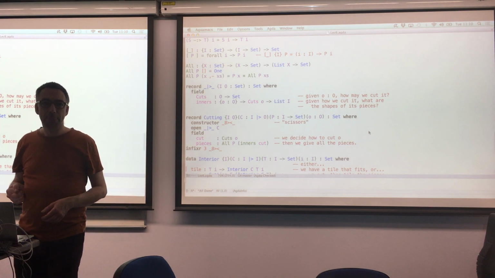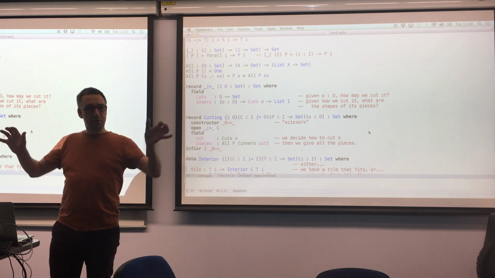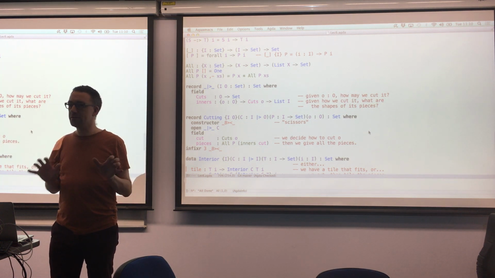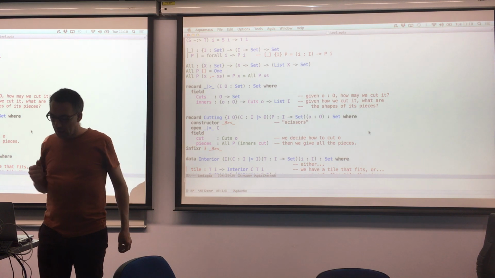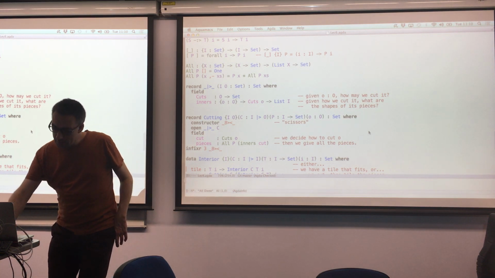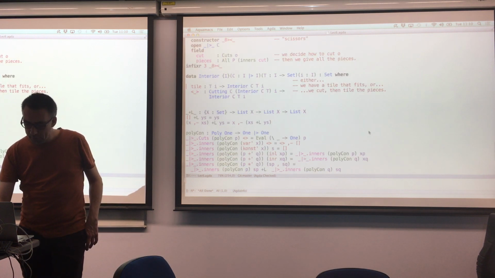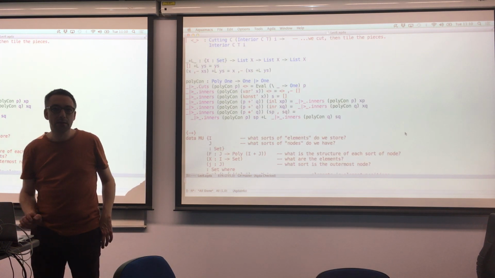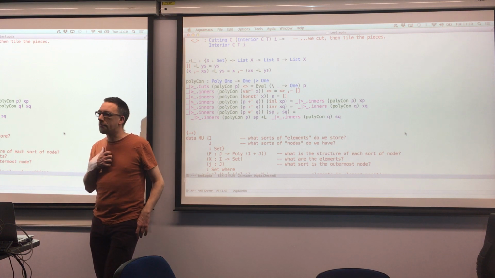If you've got any terms which are products of sums, you can multiply them out. So what we're saying here is that we are computing the sum of products form of the polynomial.